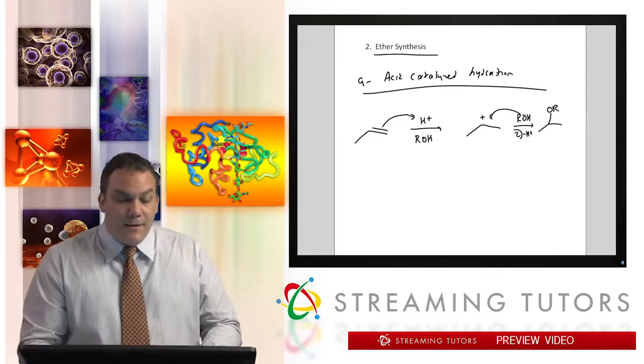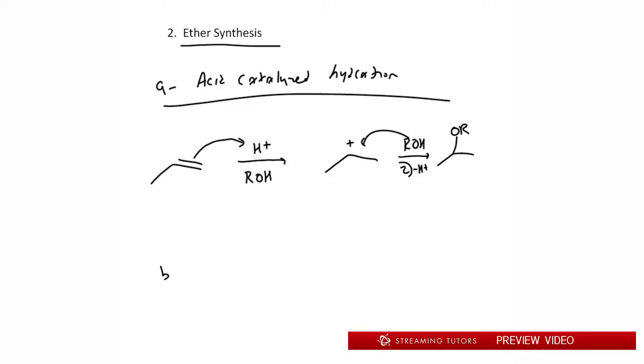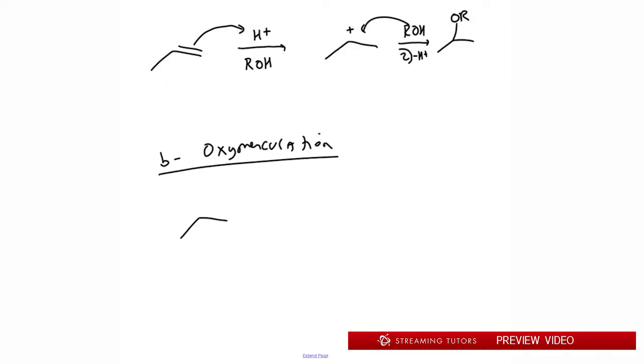Okay, so that's A. B, another way to do it is oxymercuration. So we could take oxymercuration and actually achieve the same goal. Let's say we want to make an ether from this. Then instead of H+, instead of mercury with water, we're going to have mercuric acetate, which is that right there, and we're going to treat it with an alcohol instead of water.